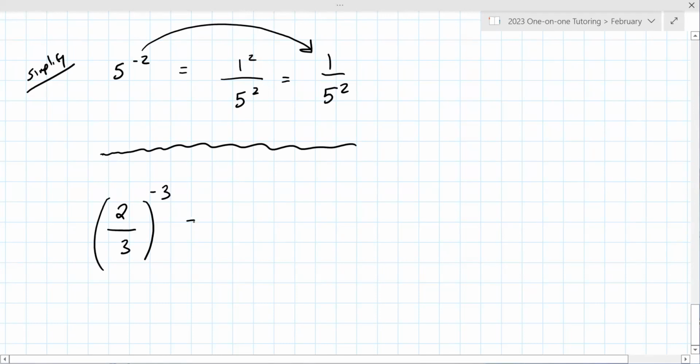So this is where what I just said really matters, because you flip what's inside. So it's 3/2 to the power of 3. And then you give each exponent that 3. So it becomes 3 to the power of 3 over 2 to the power of 3.